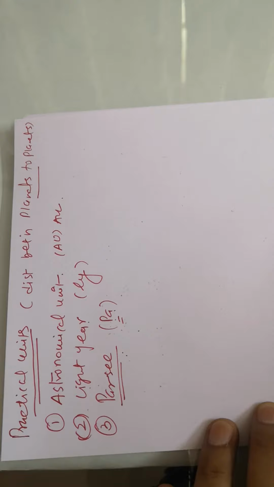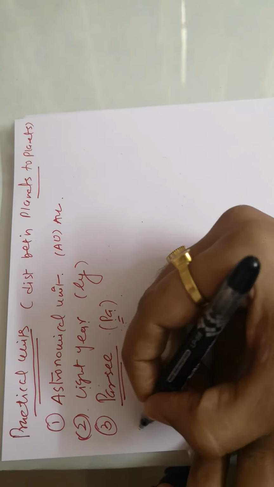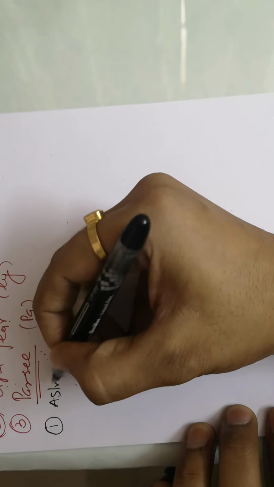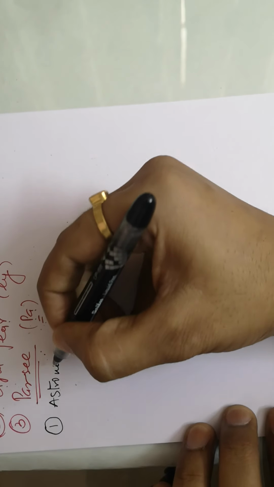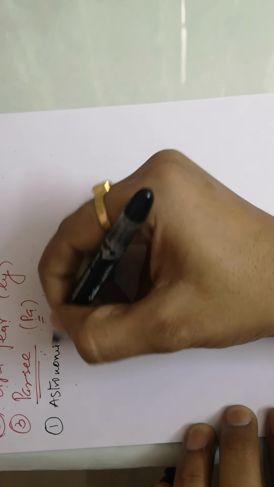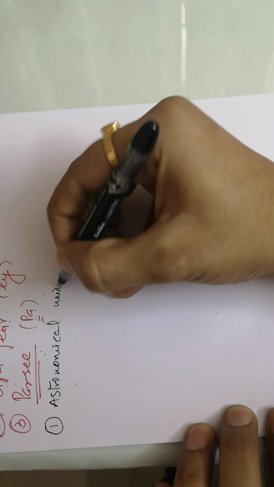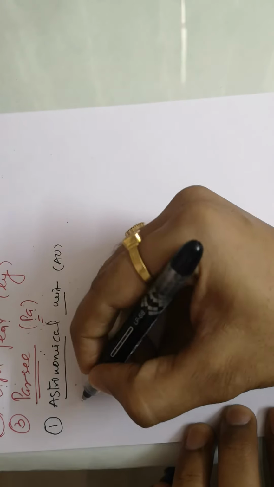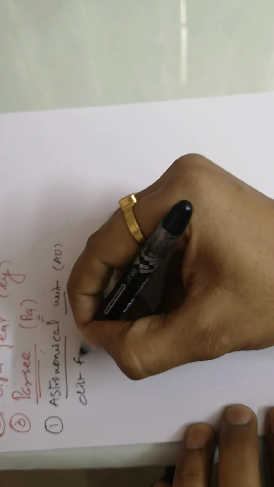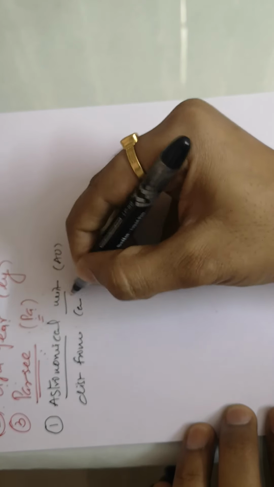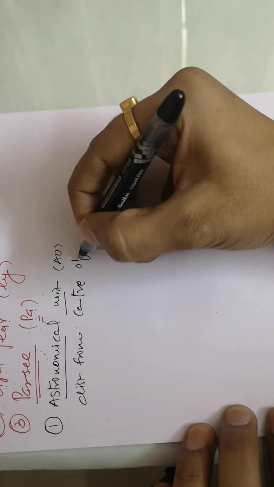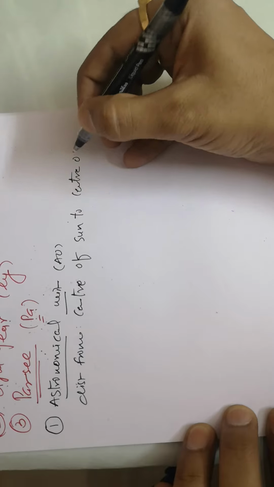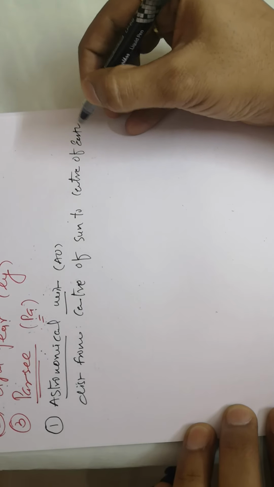Now going in depth. Very first, we are talking about AU, the astronomical unit. It is the distance from the center of the Sun to the center of the Earth.